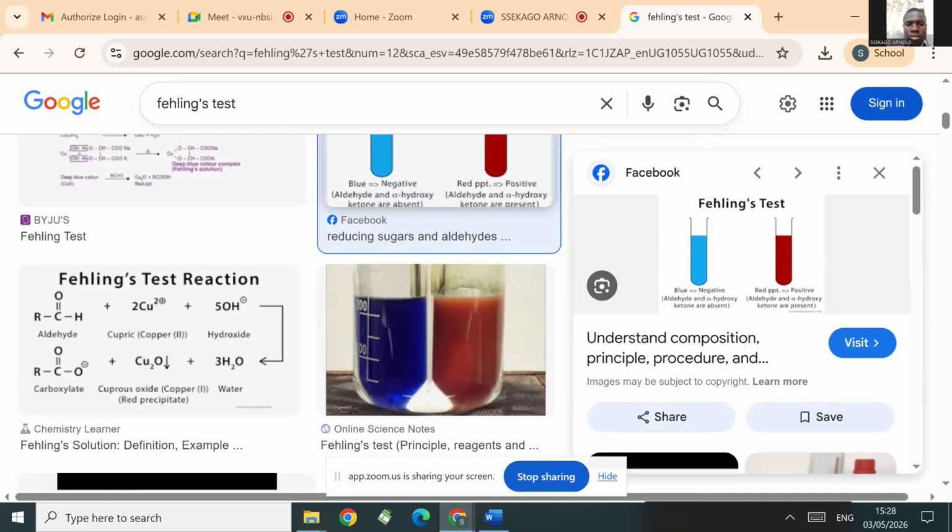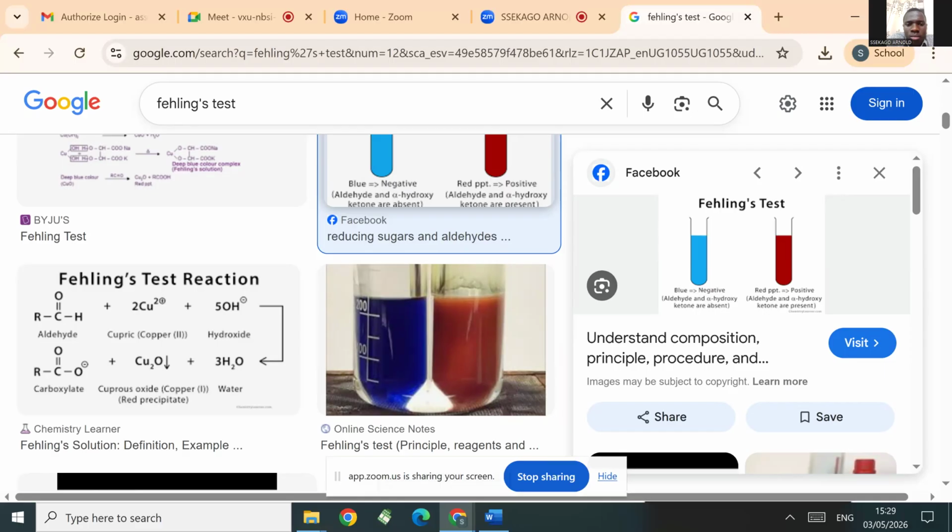The one in blue corresponds to a negative test. I've told you that Fehling's is made by dissolving copper 2 sulfate solution in excess sodium hydroxide. That is a blue solution. When you add a ketone to that solution, the solution remains blue.